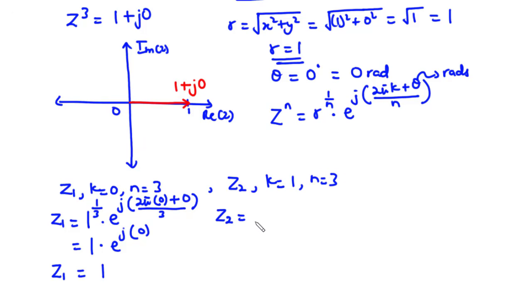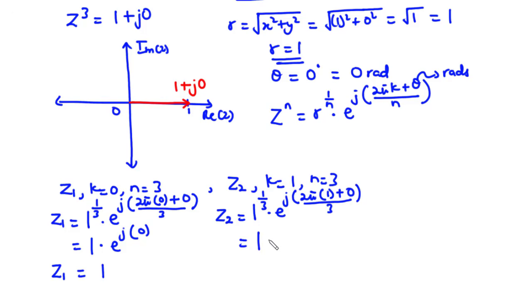z2 is equal to 1 exponent 1 over 3 times e exponent j into bracket 2 pi, this time k is equal to 1, so 1 plus, we still maintain 0 because the angle is 0 in radians, divided by 3.